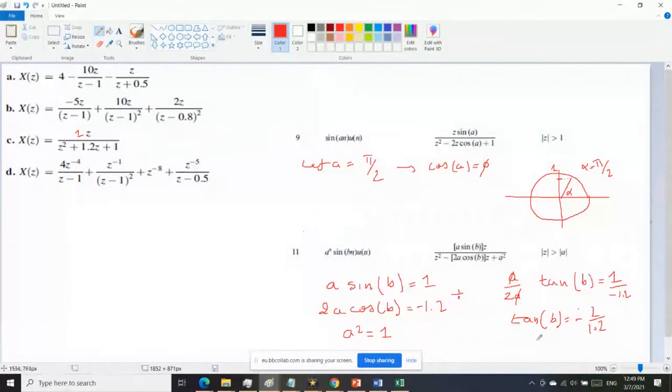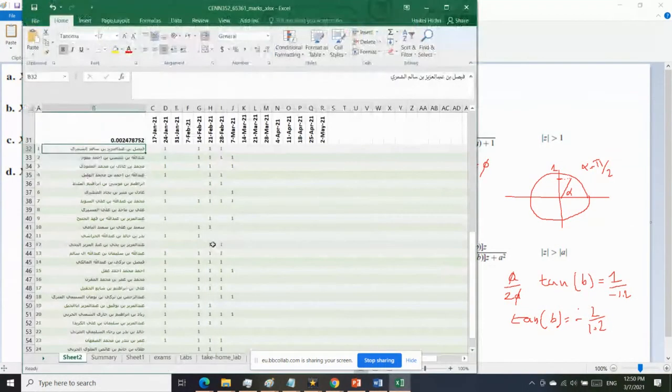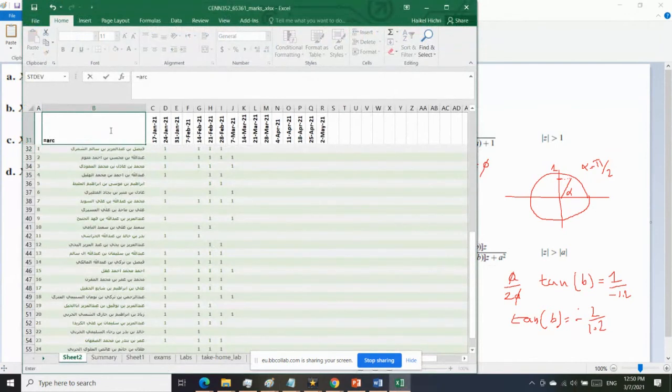Let's find the angle whose tangent is minus 2 over 1.2. So this is arctan. Yes, it must be.